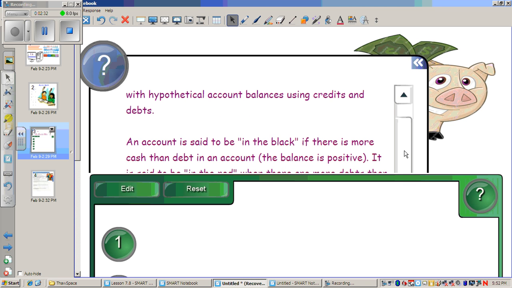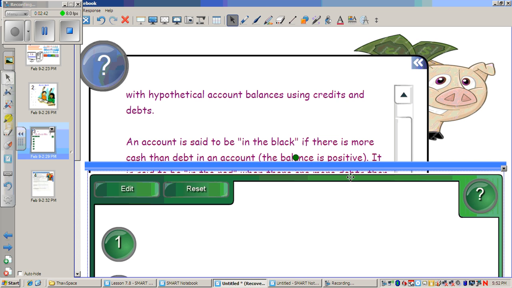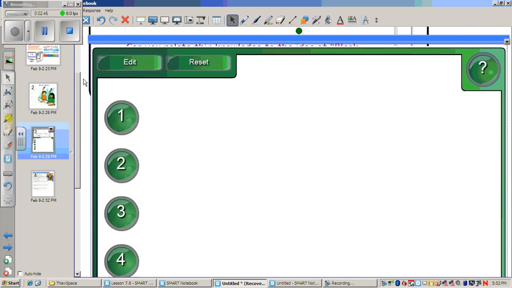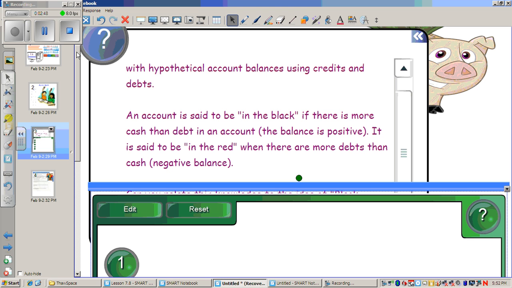An account is said to be in the black if there is more cash than debt in the account, meaning the balance is positive. It is said to be in the red when there are more debts than cash. You have a negative balance, which is never really a good thing.